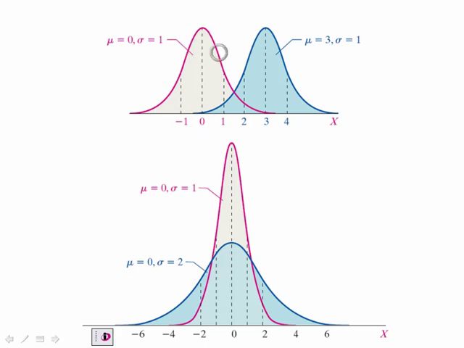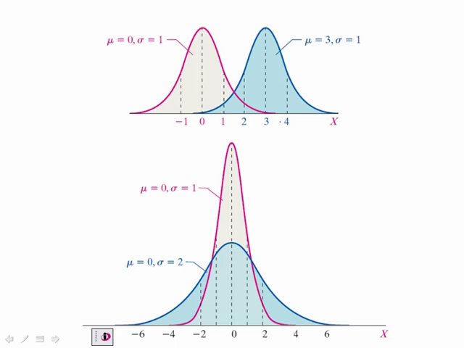The area under both the red curve and the blue curve is going to equal 1. In the blue curve, what's the area under the curve to the right of 3? The area under the blue curve to the right of 3 is 1/2.